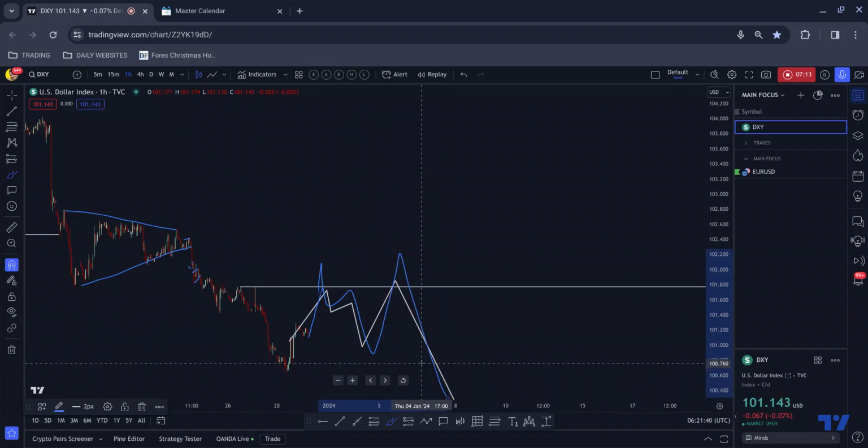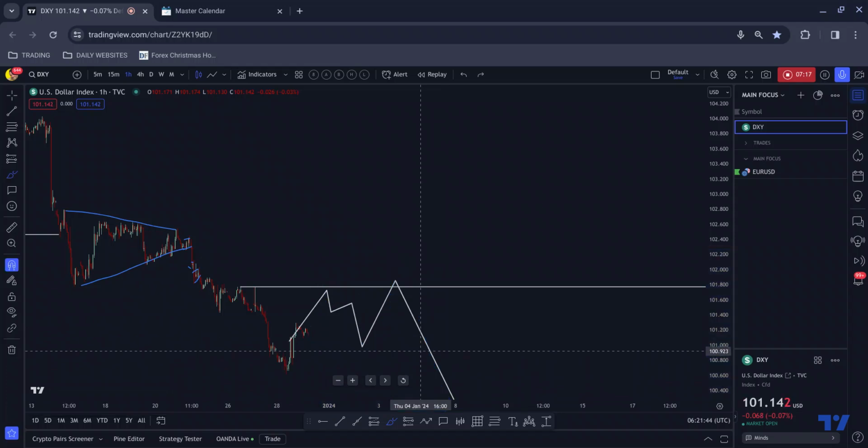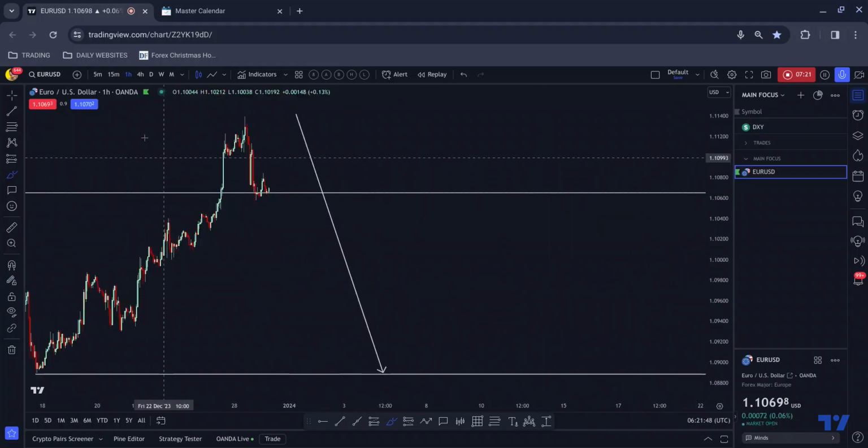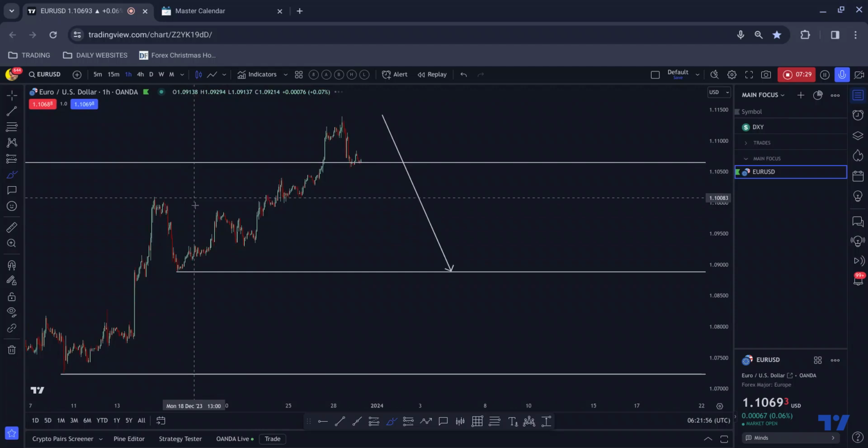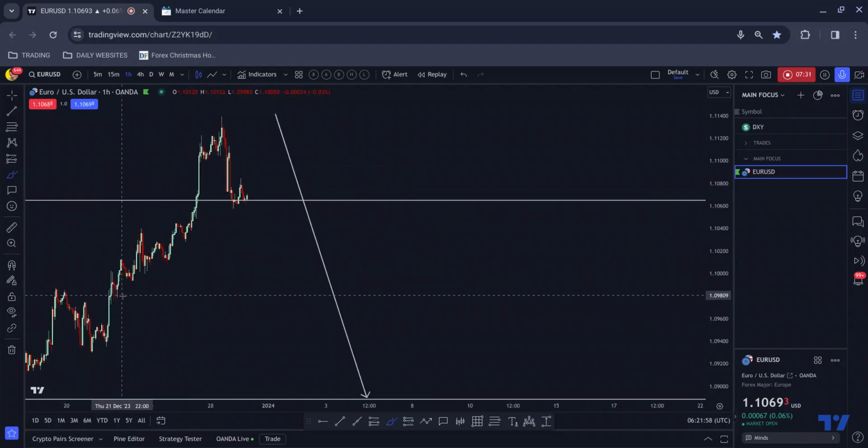Now, if that was to happen, and if the DXY is the inverse of EUR/USD, that means that potentially we could capitalize on a shorter term move on EUR/USD, which could potentially take us down to this low here, or even just to the start of this consolidation here.